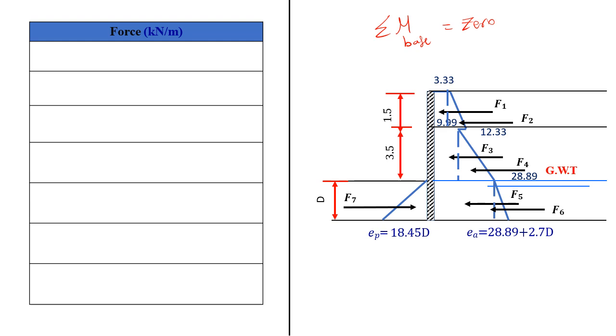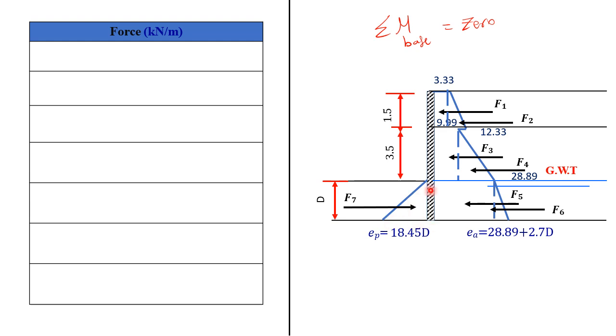So to get the moments here at the base, let's get our forces and the arm of each force. This is a repeated process that we have gone through before. I will divide this trapezoid into a rectangle and a triangle. Then this trapezoid will be divided into a rectangle and a triangle. And this trapezoid will be divided into a rectangle and a triangle.